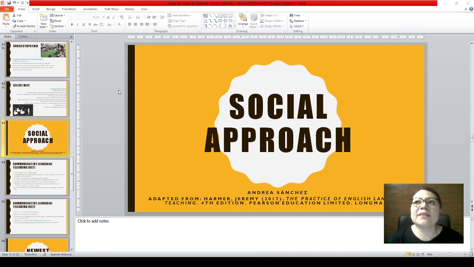So if the task was to write a letter, like a complaining letter, they have to write the letter and then, by the end of the task cycle, they report how they went. They also perform the task and present it to the whole group and the teacher.